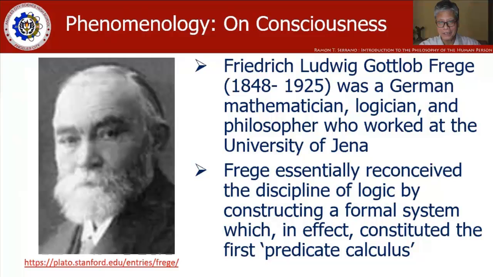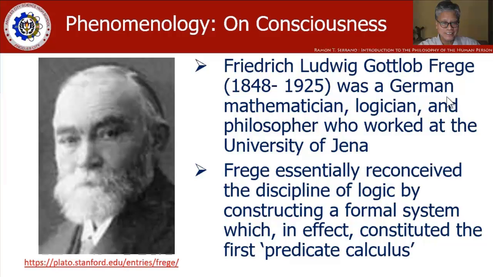Okay? Again, with the help of Google, we can learn that Friedrich Ludwig Gottlob Frege was a German mathematician, logician, and philosopher who worked at the University of Jena. Frege essentially reconceived the discipline of logic by constructing a formal system, which in effect constituted the first predicate calculus.